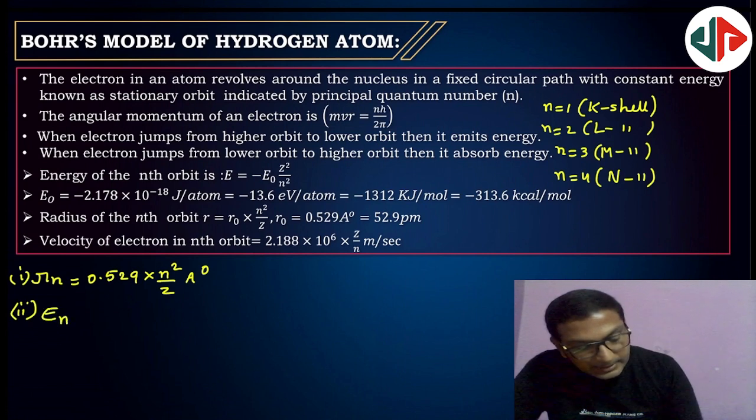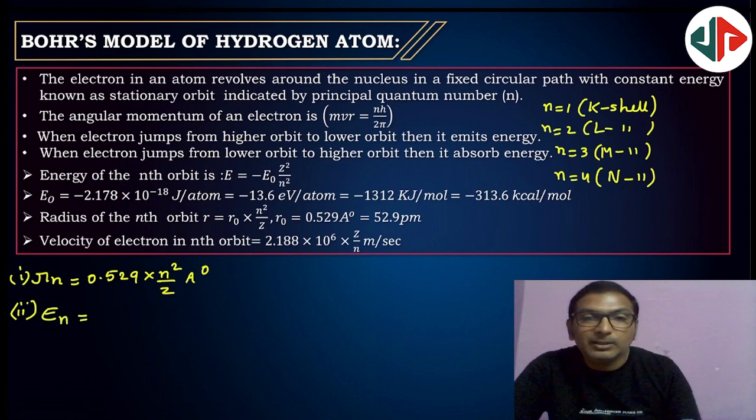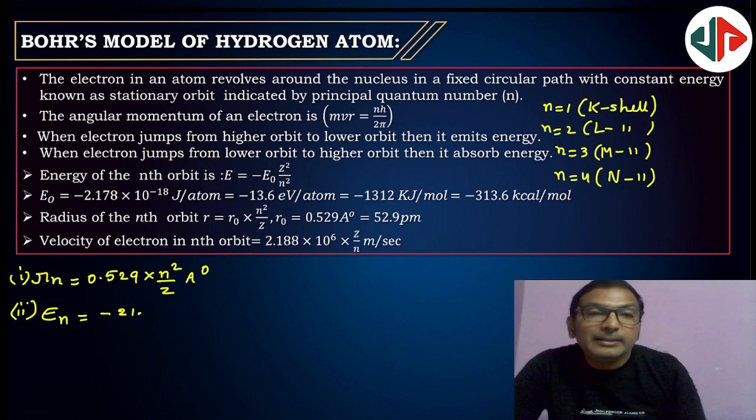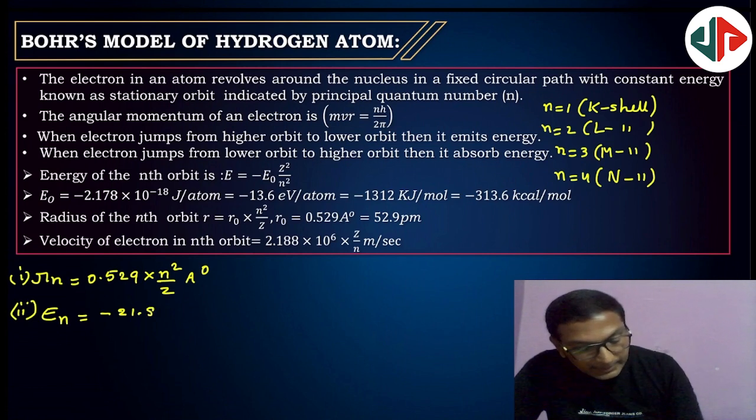Similarly, energy of the electron in the nth orbit, or energy of the nth orbit, is minus 21.78 or 21.8 into 10 power minus 19 into Z square by n square joules per atom.